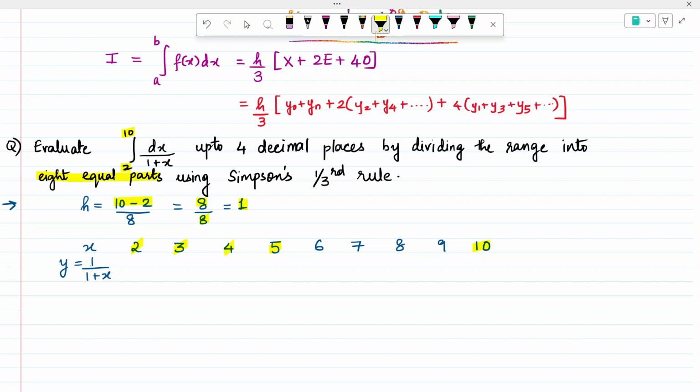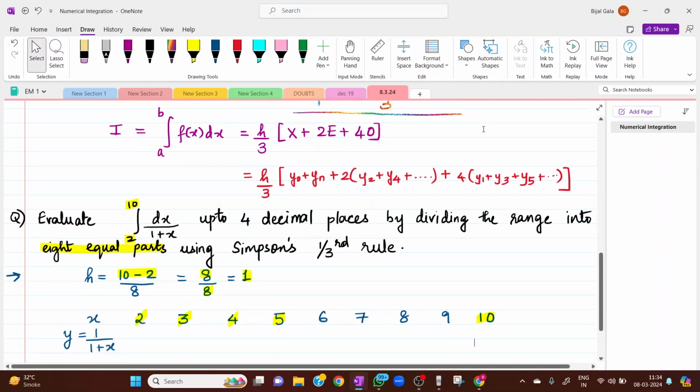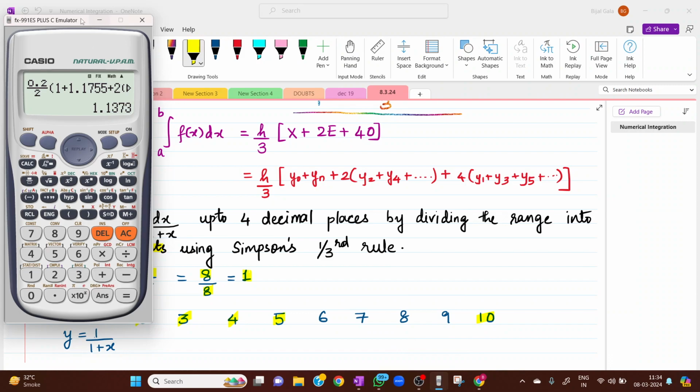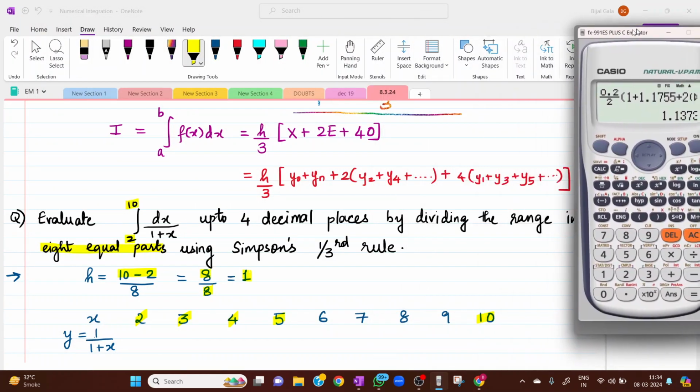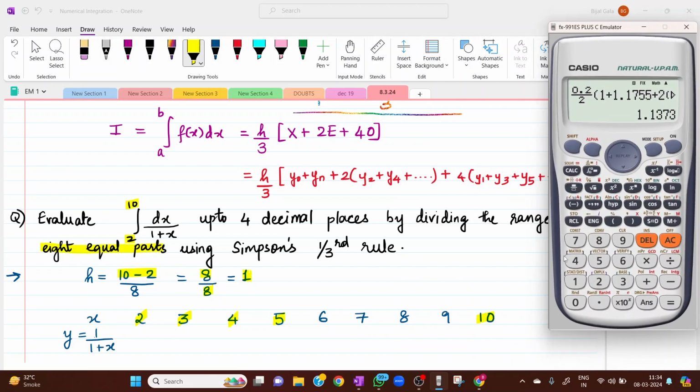So now let's understand how we calculate the values of y. To calculate the value of y, you will again require the calculator. So let's use the calculator here. My first value of x is 2. Is the calculator visible to all of you?